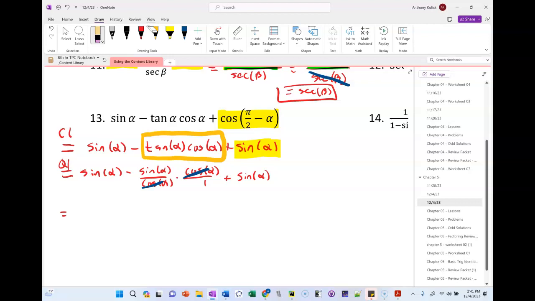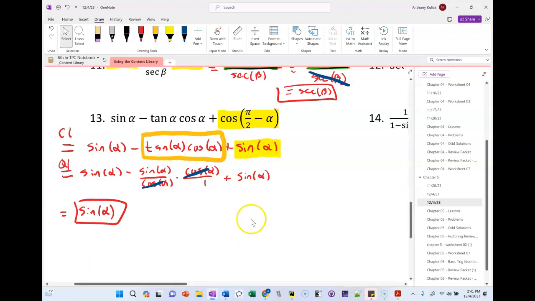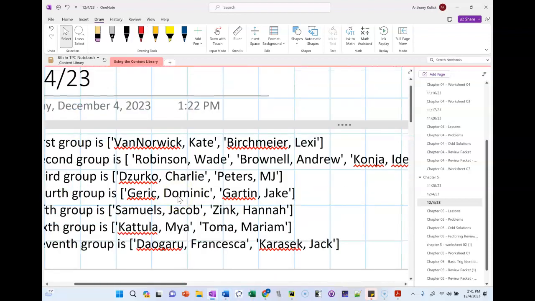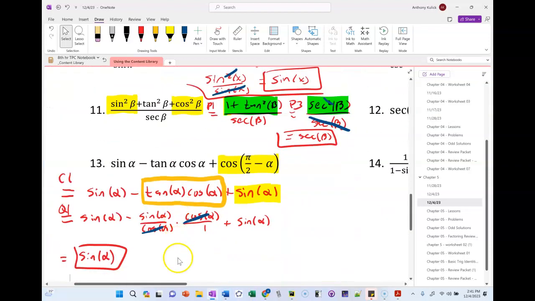Yeah, add the sines to get just one sine theta or sine alpha, right? Cool. All right, who comes next? Maya and Miriam, you guys are going to start 14 for us.